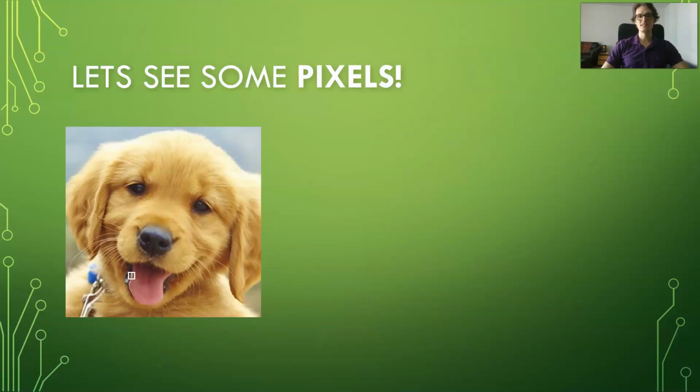First, let's see some pixels. Okay, so we have this cute little puppy. We have this digital picture of a puppy, and every image is made of many pixels. This might be a little confusing at this point, but we're going to zoom in onto this little tiny part of the picture and see this puppy's tooth.